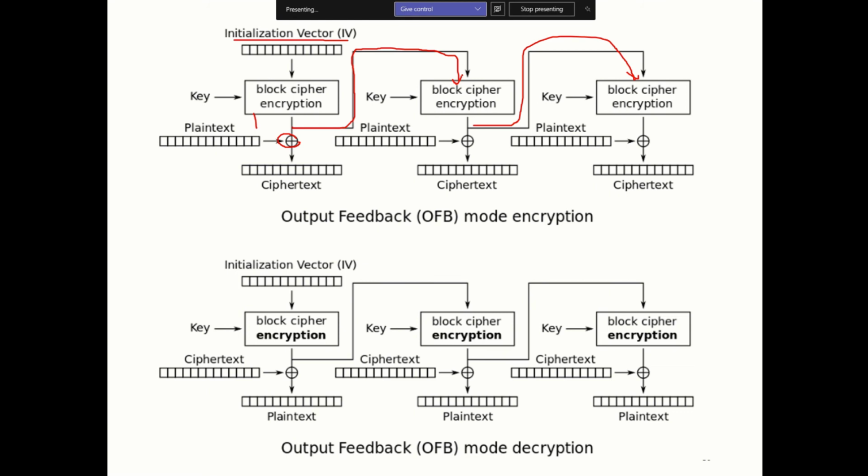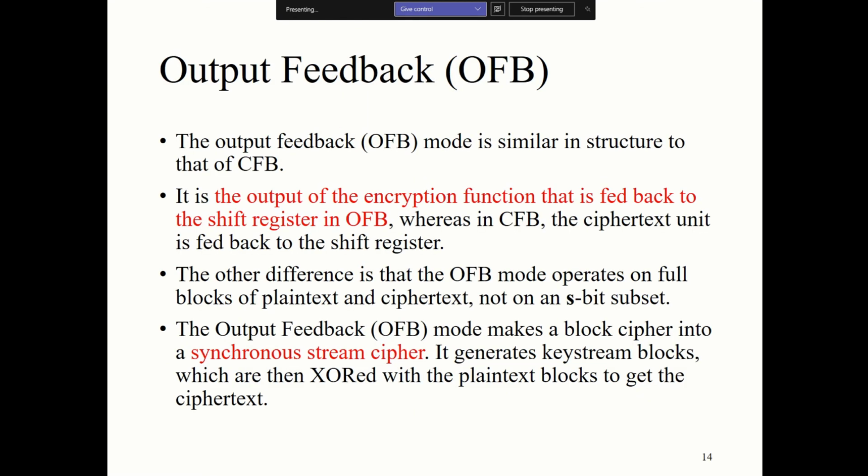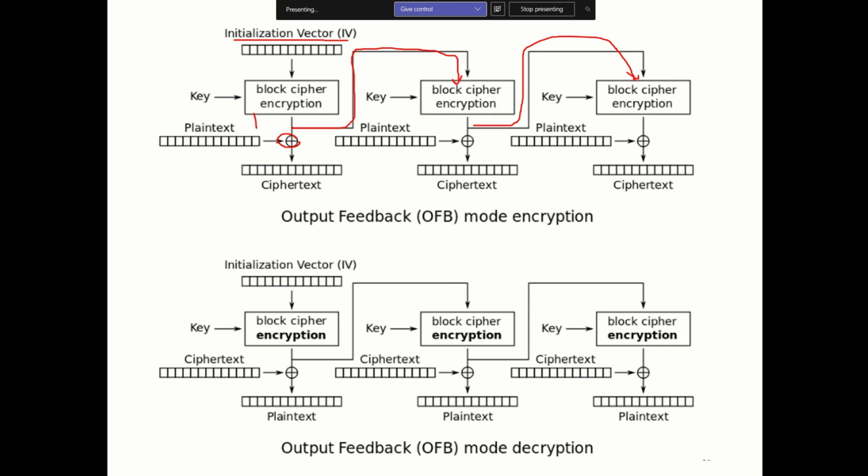So this is the difference between OFB and CFB. Both of them are feedback modes, but the difference is whether the XOR comes before or after you give the output to the next block. But in the first one, there is no sending to the next block.